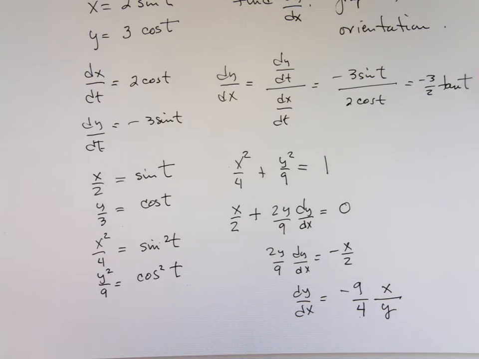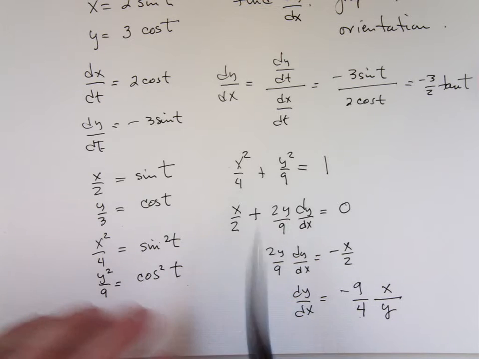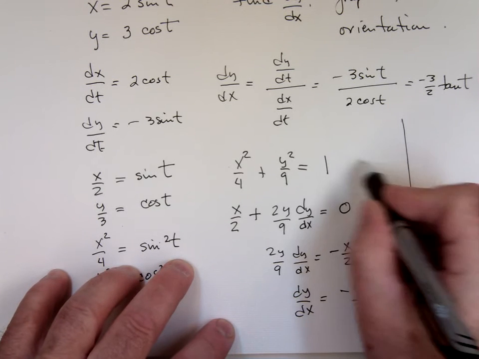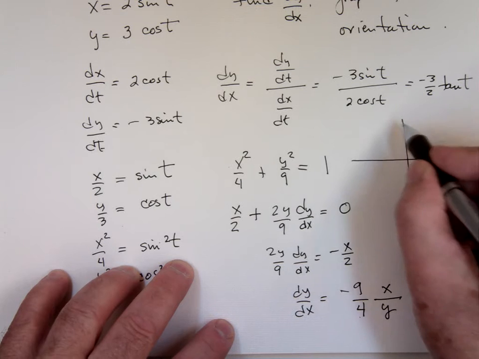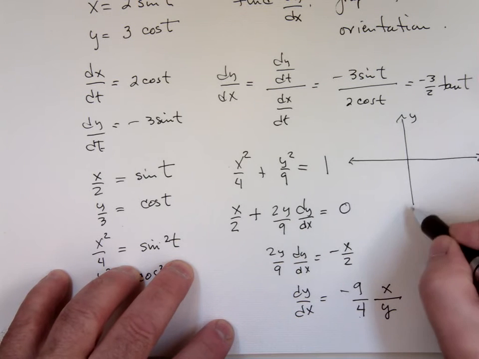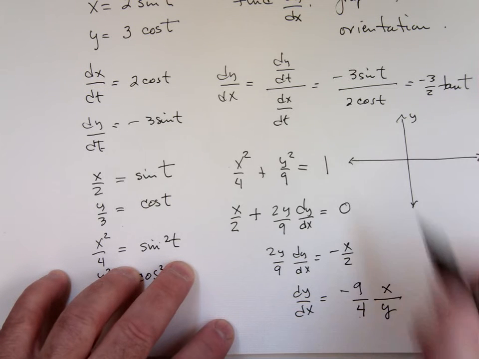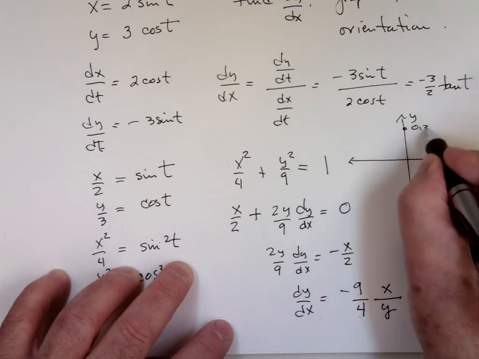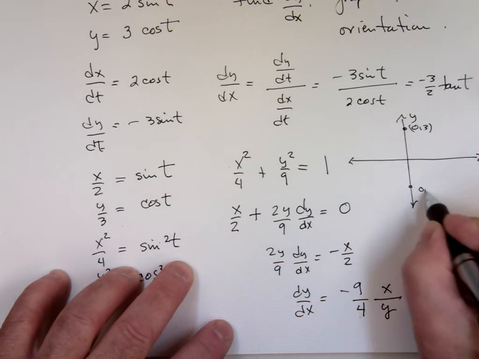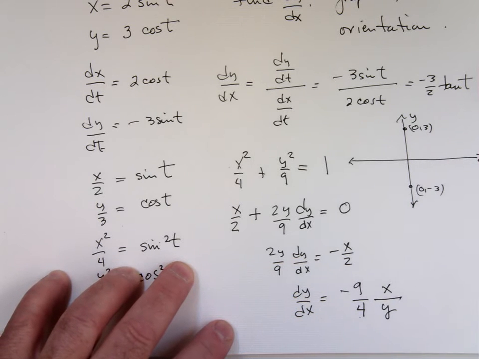That's a good call. And what do we have? What is this graph? It's an ellipse. What's the length of the semi-major axis? 3. Semi-minor axis?